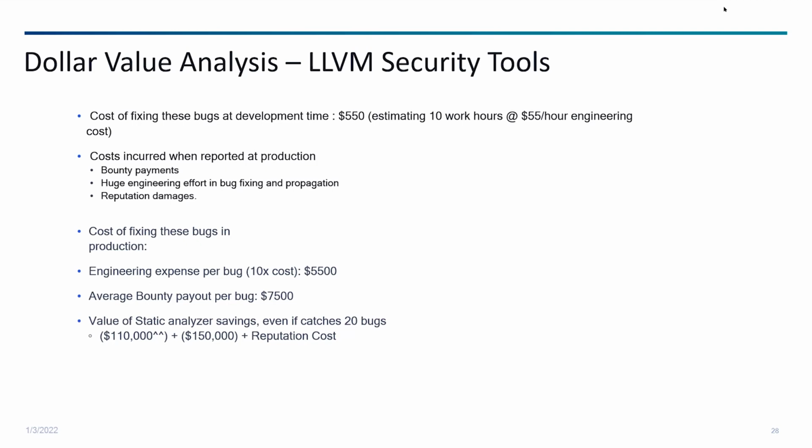There's a huge machinery which will work on propagating those fixes to all the chipsets, all the devices which have gone out. Let's say the average bounty per bug is $7,500. So even if static analysis catches 20 bugs, and it catches much more than 20 bugs, the money saved is roughly $260,000, plus the reputation cost.